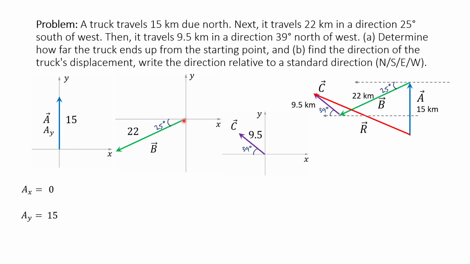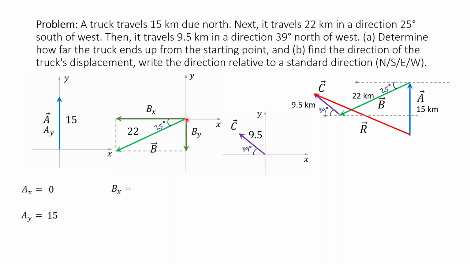Now for this one, let us draw a rectangle by keeping the vector as the diagonal. Now this is the x component and this is the y component. That is, this is bx, this is by. So bx is equal to, this vector points to the negative x direction.